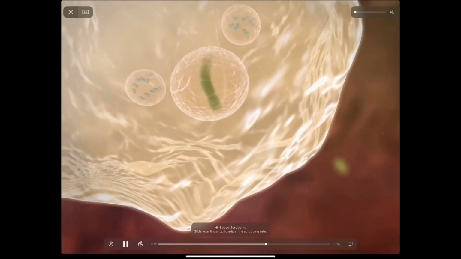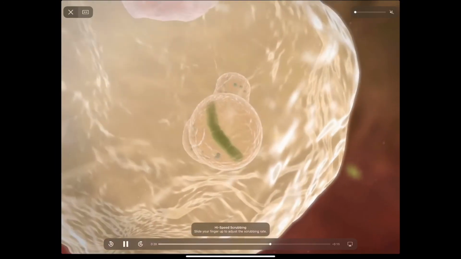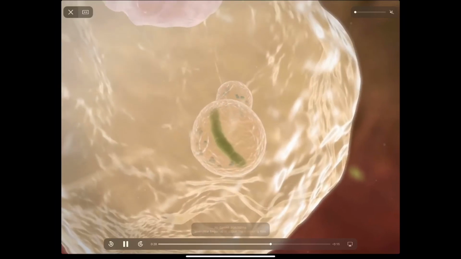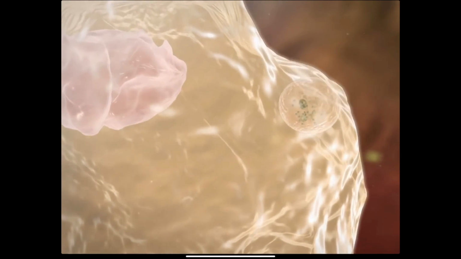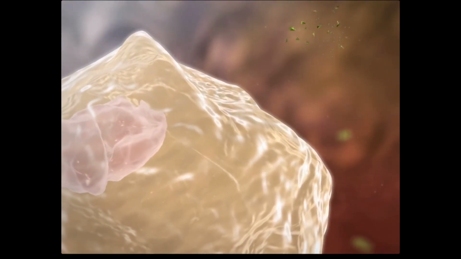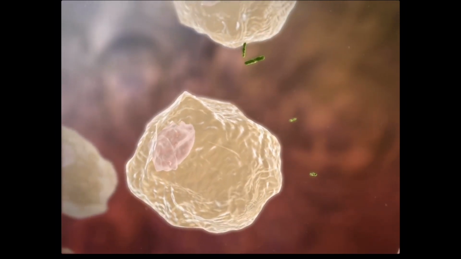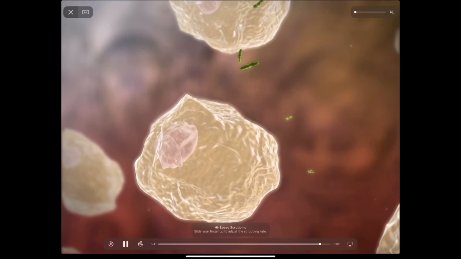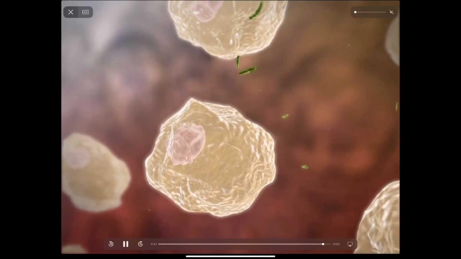Then lysosomes will come along and start to release certain enzymes and certain chemicals that are going to start to break down the actual pathogen, and then the broken down pathogen, the harmless waste products, are released out of the white blood cell. So this is how one type of white blood cell is performing its function.